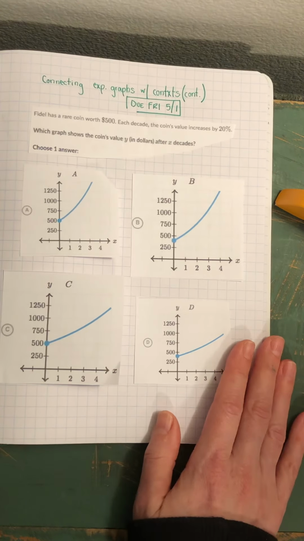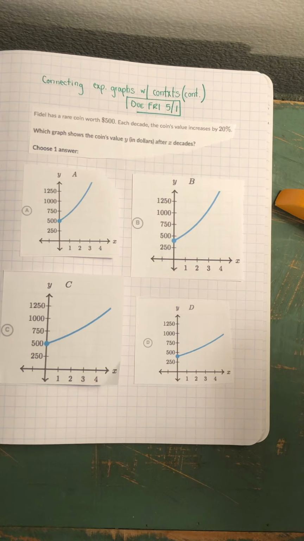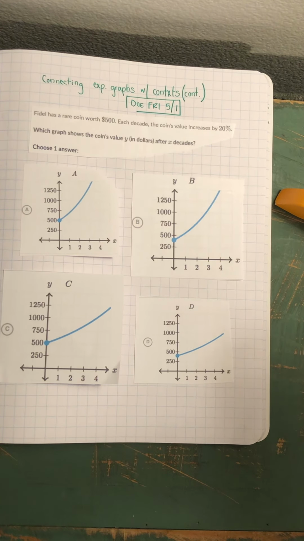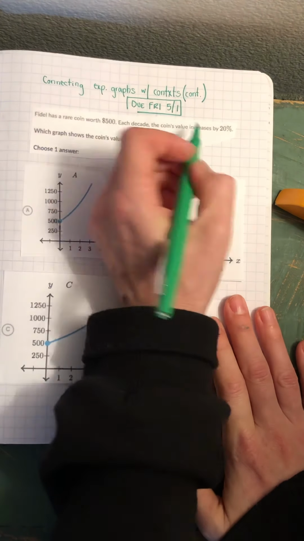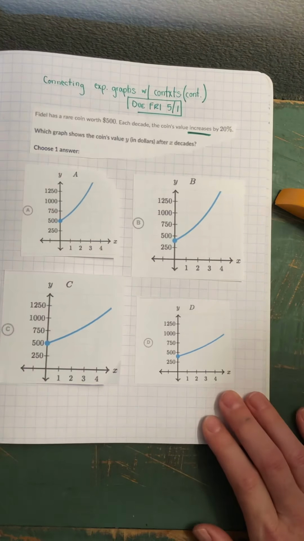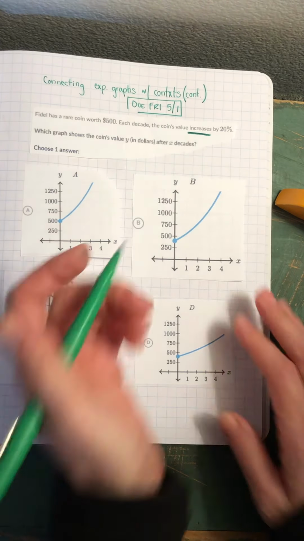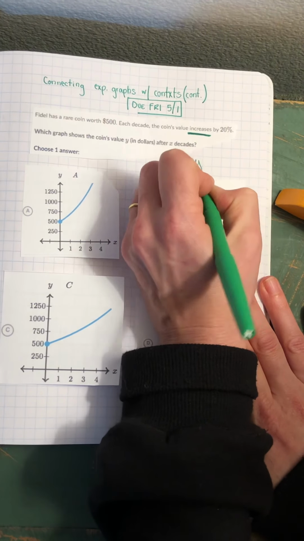All right, and for these ones, your computer screen is not that big, so you have to scroll, and you really should have some scratch paper, and you can think about what the equation looks like. So Fidel has a rare coin. It's worth $500, and it increases by 20%. So they all increase. That's annoying. So I can't cross anything out. Let's do the equation.